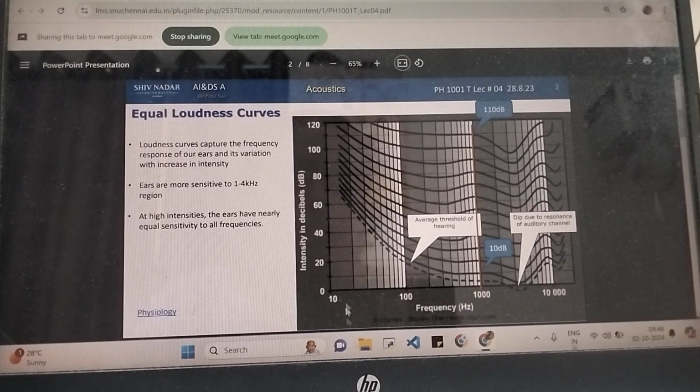For example, you take a 20 or 40 hertz sound, you cannot perceive it at all at low volumes. You need it to be really high volume to be able to perceive it. Whereas you take some 10,000 hertz or something around that range, even at a 20 decibel volume, you can be able to perceive it.